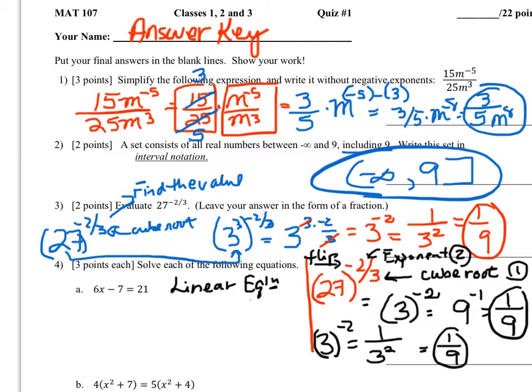You want to isolate your variable term, which is 6x. And to do that, you want to undo the subtracting of 7 by adding 7 to both sides. It's the inverse operations. You now get an equivalent equation, 6x equals 28.